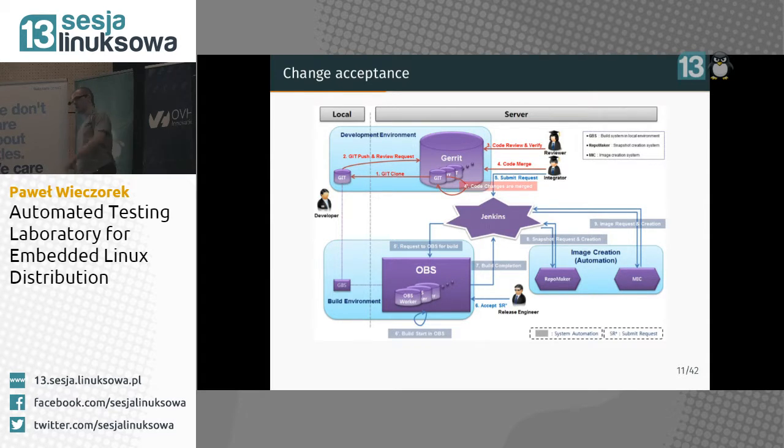Also, all dependencies for packages are rebuilt in order to eliminate any build failures as soon as possible. Once OBS rebuilds packages with all their dependencies, new packages are used to create a new image for the Linux distribution.